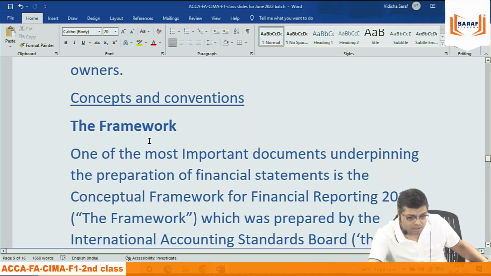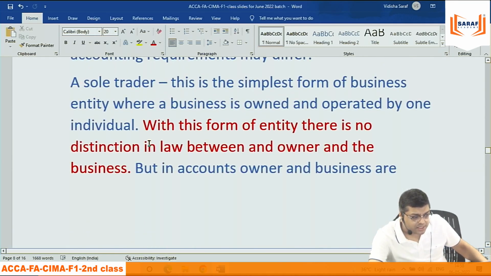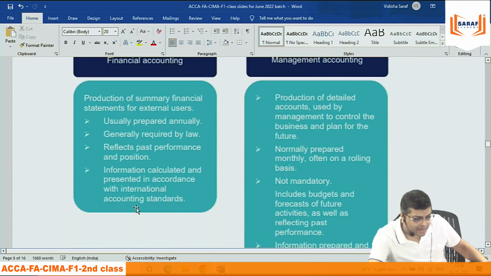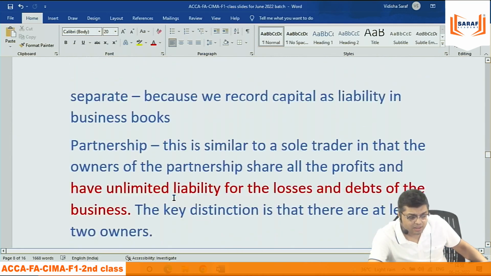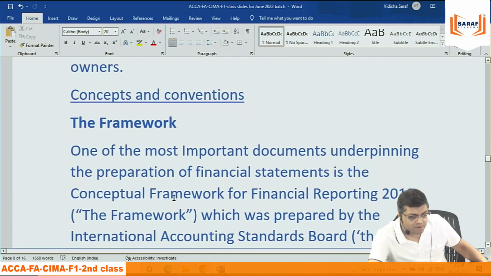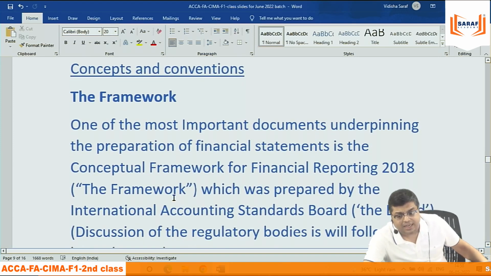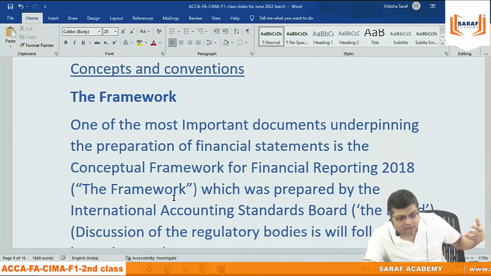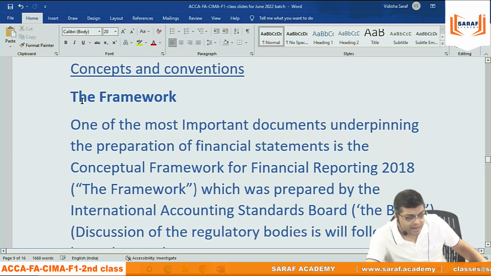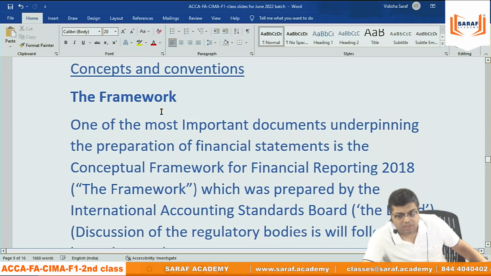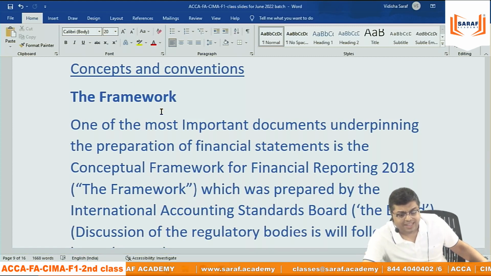For international accounting standards, there is a framework developed by the International Accounting Standards Board. Boundary, guidelines, that is how the transactions will be recorded and how they will be summarized. Those guidelines are called the framework. The framework of accounting, the framework of international accounting standards.